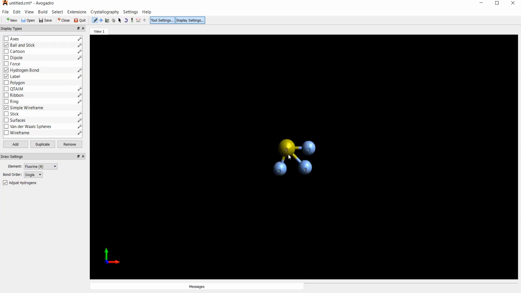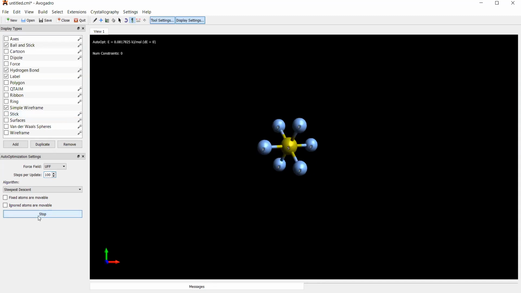So I'll be making a few atoms here. Fluorine, fluorine, fluorine, fluorine, fluorine. I hope I will get a good structure. Now, in order to change the color, I will change the colors.